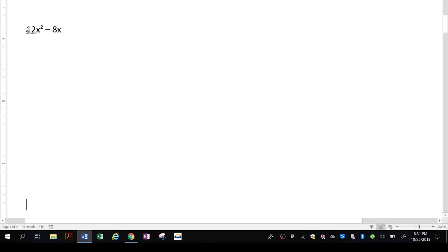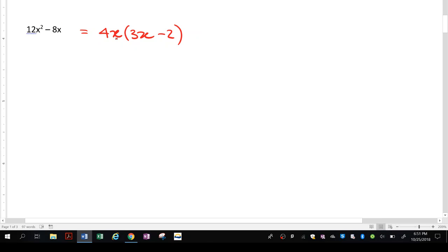So when we factor out 4x, what we're saying is that this binomial is equal to 4x times something. Well, if we factor or divide out 4x from this first term, we're left with 3x, and from this second term, we're left with minus 2.